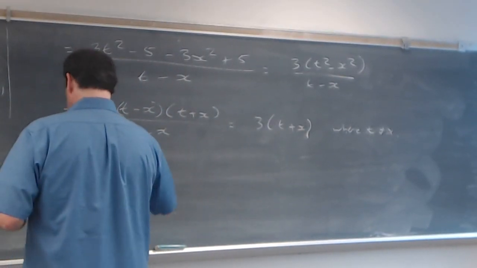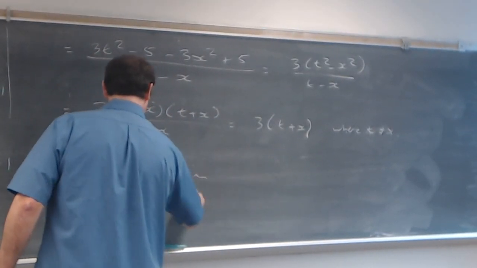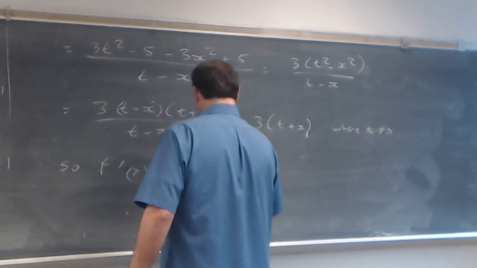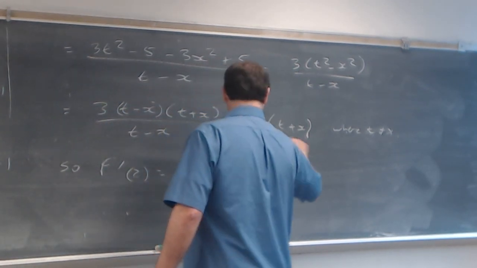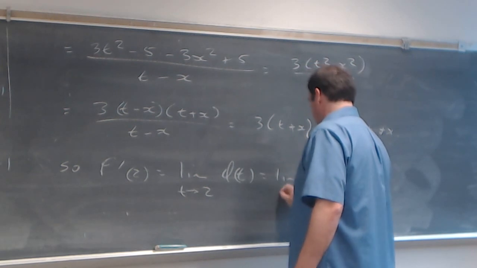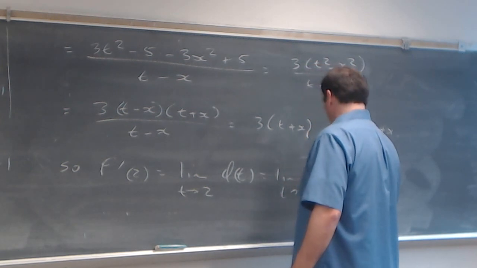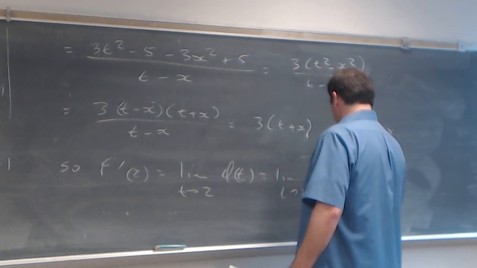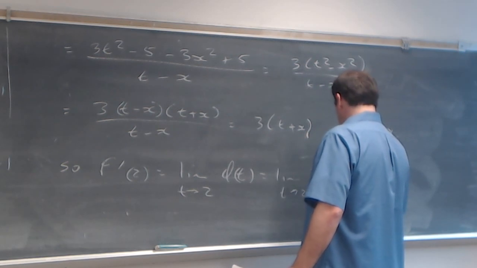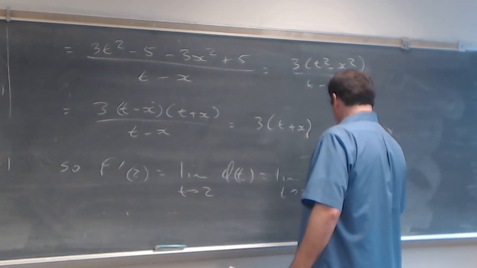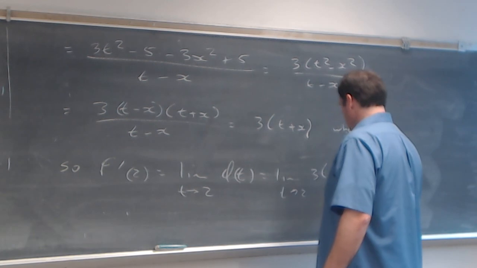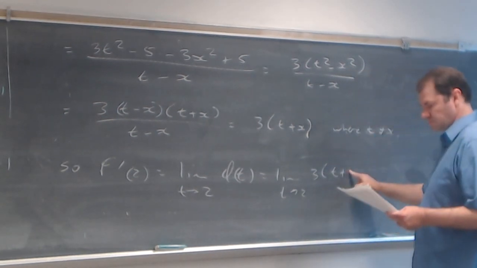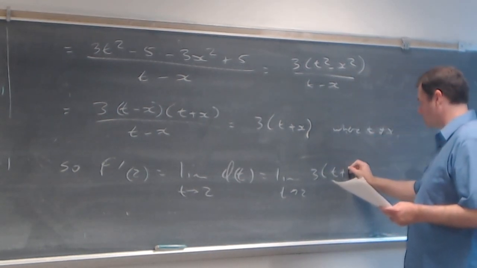So, f prime of 2 is equal to the limit as t goes to 2 of phi of t, which is just the limit as t goes to 2 of 3 times t plus x. Here it was 2.